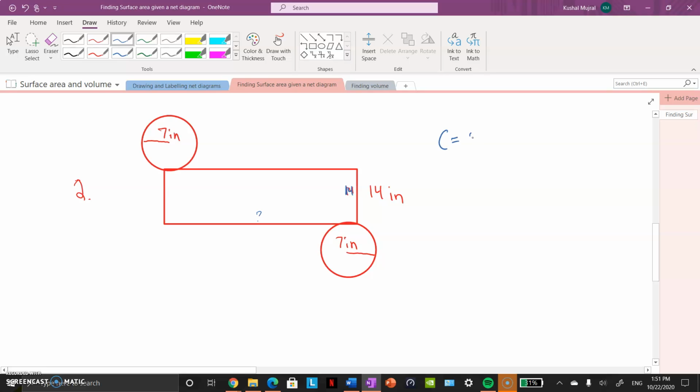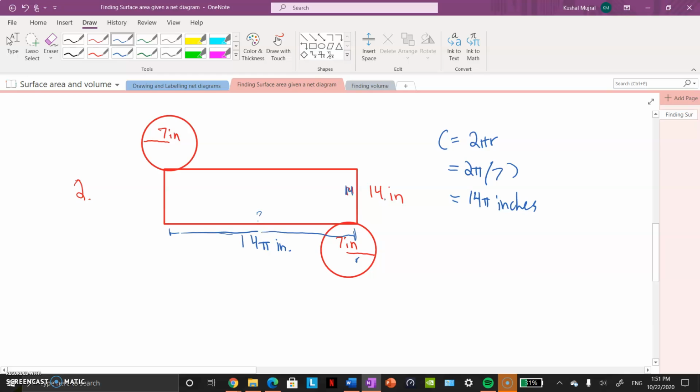So the C is 2 pi r. This is the formula from before. And so this is 2 pi times, and the radius here is 7 inches. So that is 14 pi inches. So then this is also going to be 14 pi inches. That's this length over here, 14 pi inches.